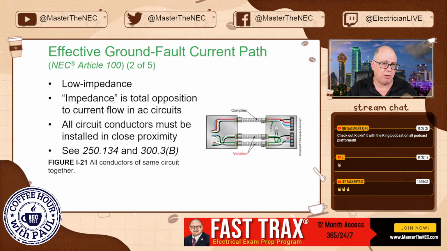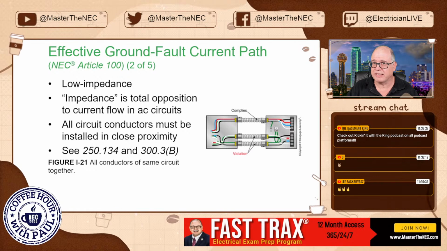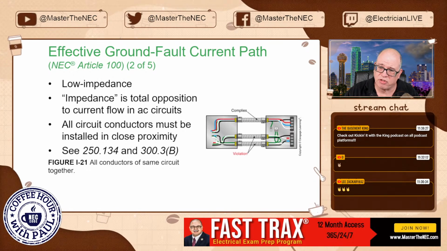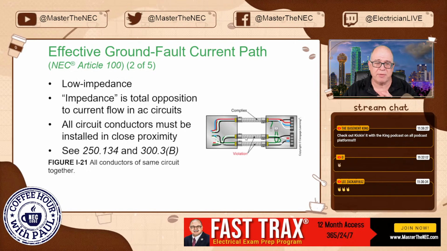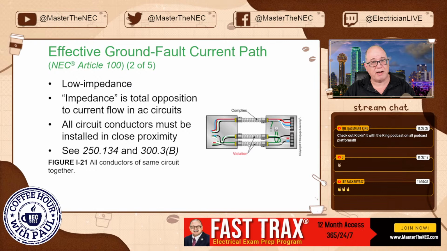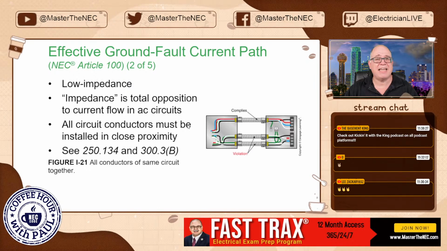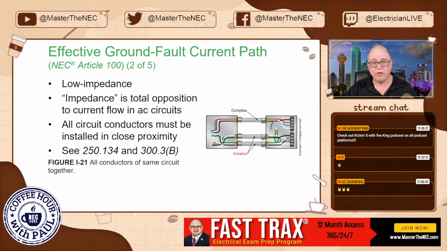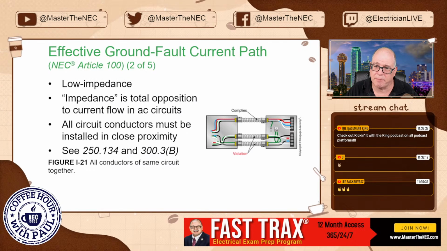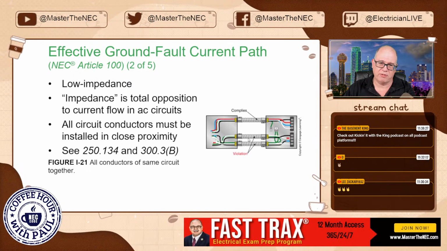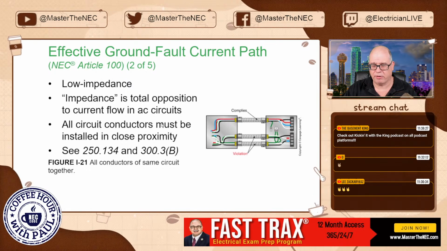Now, you have some allowances when you're paralleling, 310.10, but in this case, this is a violation because now you've got some of the circuit conductors in this raceway, some of the circuit conductors in this raceway. They are not run together, and you're going to have a problem, okay? And you're not going to have an effective ground fault current path. It could be an issue, okay? Can't do this. You want to keep them all together, okay?